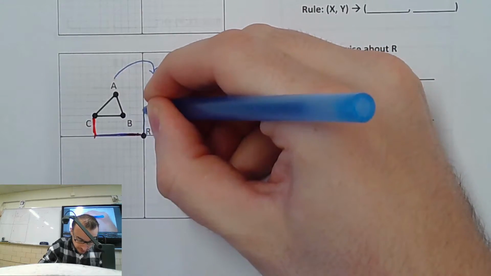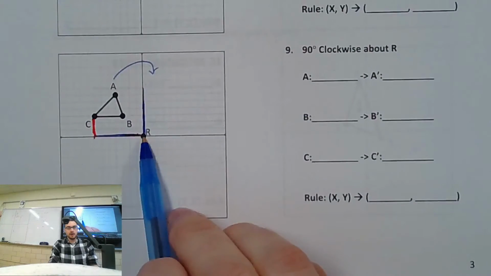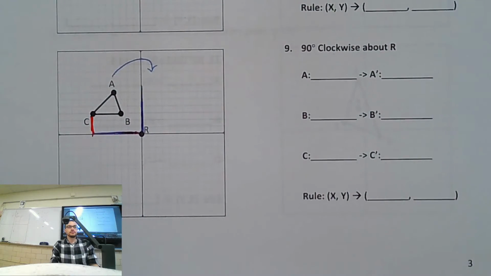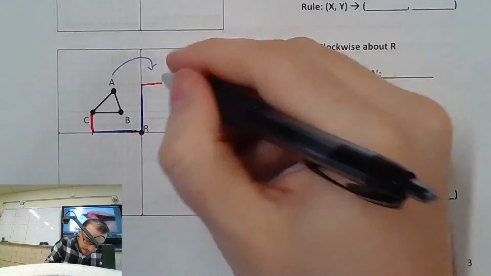Again, it was attached to the R. It's still going to be attached to R when it's done. Now the red part's pointing up. If I rotate that clockwise, which direction is it going to point? To the right. So it's going to go to the right 3. And there is C prime.